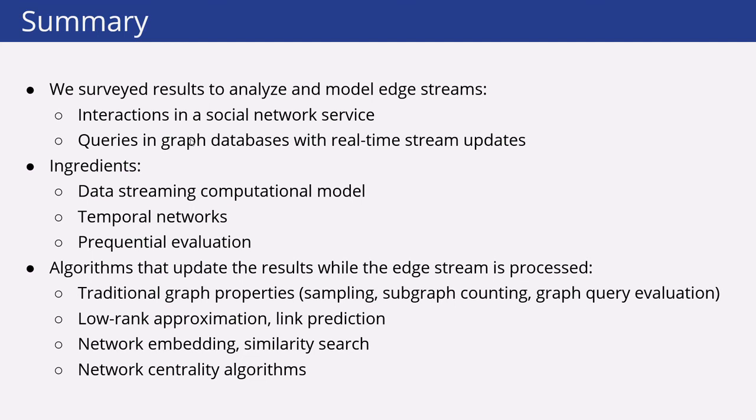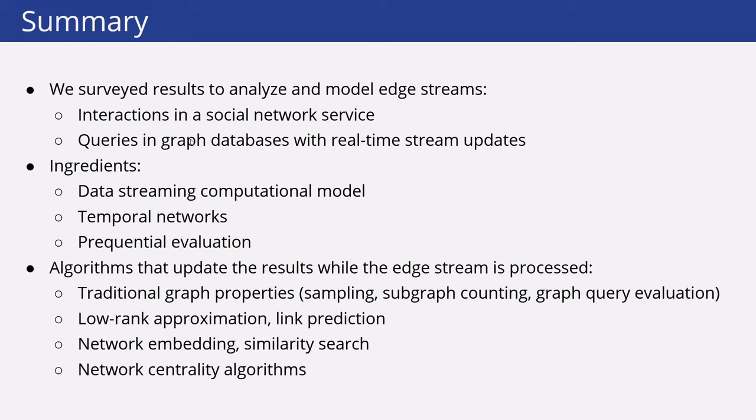The ingredients of the algorithms included the data stream computational model, the notion of temporal networks, temporal walks, edges that come in the stream, and very importantly, the prequential evaluation method that allows a model to be evaluated immediately after a new edge arrives in the stream and the model is updated, changed, and immediately evaluated for each single edge in the stream.